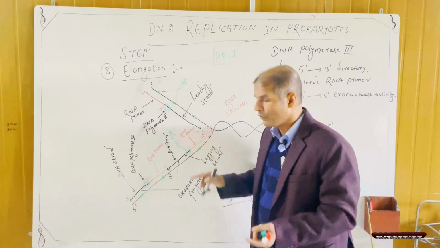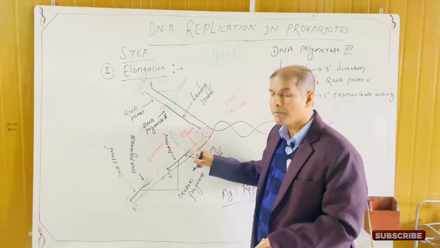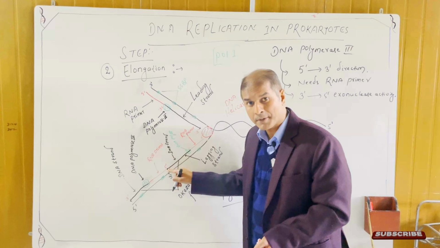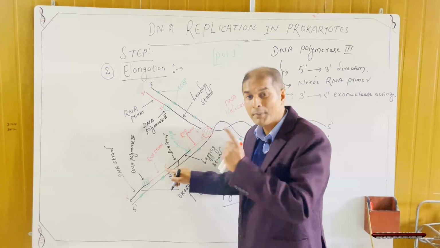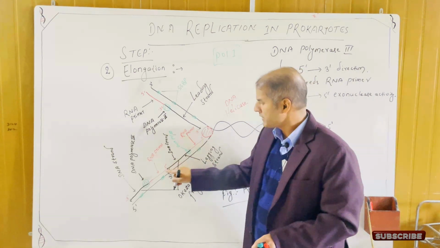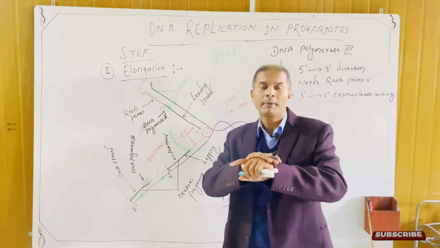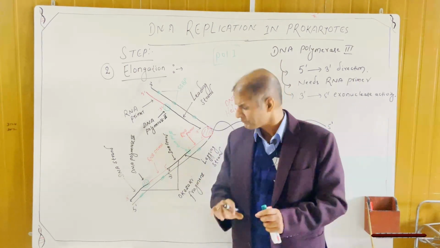Again, DNA polymerase III will bind at the 3' end of RNA primer and will form new DNA strand until it touches the first nucleotide of the previous RNA primer. As soon as DNA polymerase meets the first nucleotide of RNA primer, the role of DNA polymerase III stops.